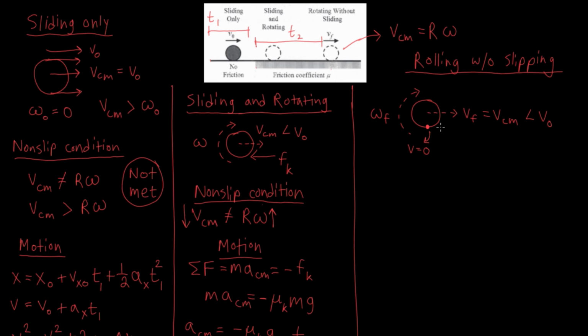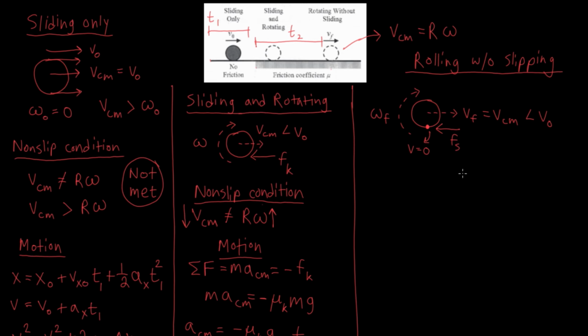Previously, the force acting between the contact point was kinetic friction, but in this scenario, the force acting between the contact point of the object and the surface is static friction, and I'll denote that with F subscript S for F static.